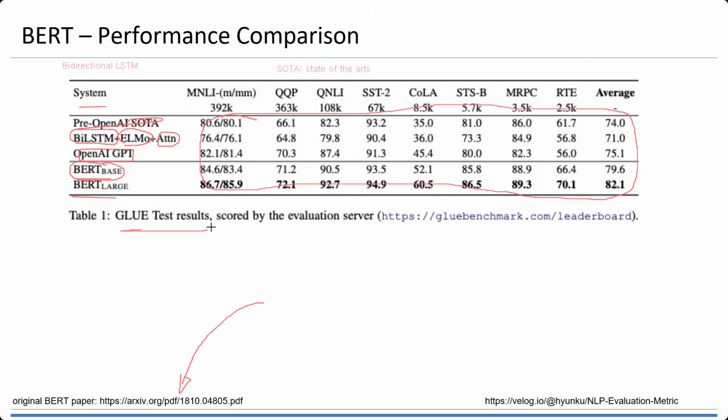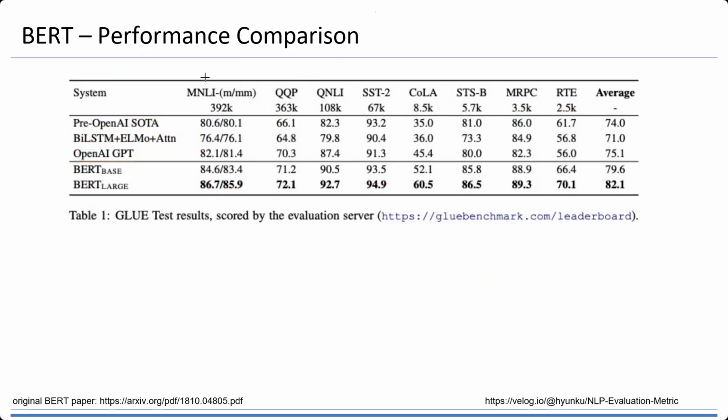I think last time I also mentioned there is one site that has been used to compare those results. Whenever researchers come up with a new method, usually they will use this GLUE benchmark. So there are some criteria.